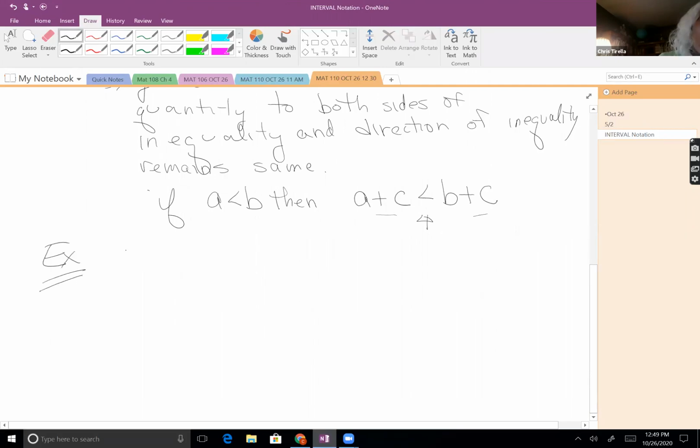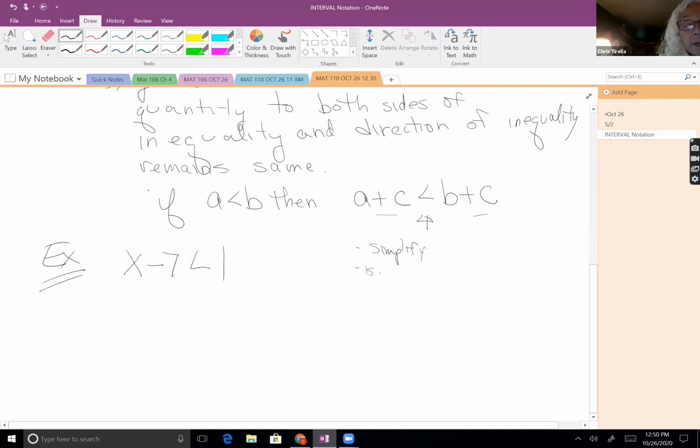Let's look at x minus 7 is less than 1. If I wanted to solve for x, first I'd want to simplify both sides if I could, which I can't. Then I want to get all of the x's together.